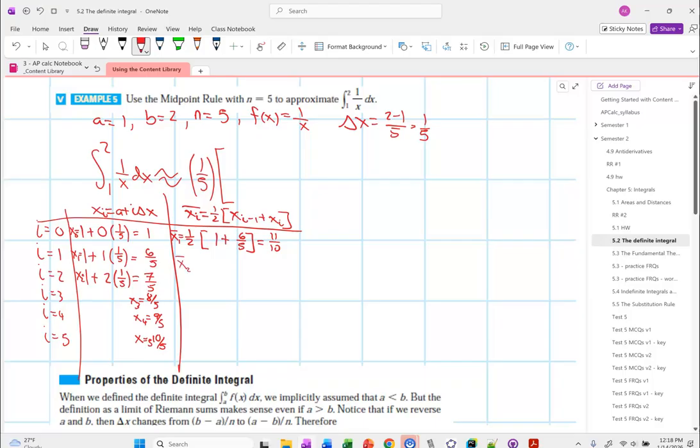And if I want x2 bar, that's 1/2 times x1, 6/5, plus x2, 7/5. That's 13/5 times 1/2, which is 13/10. Anybody guess the pattern from here? What's x bar 3 going to be? 15/10, right? And then just kind of keep going up by 2/10.